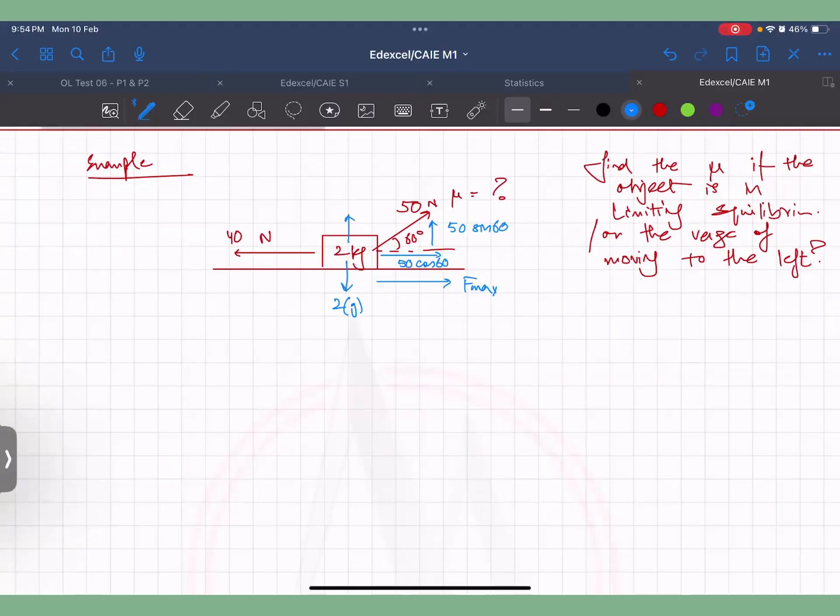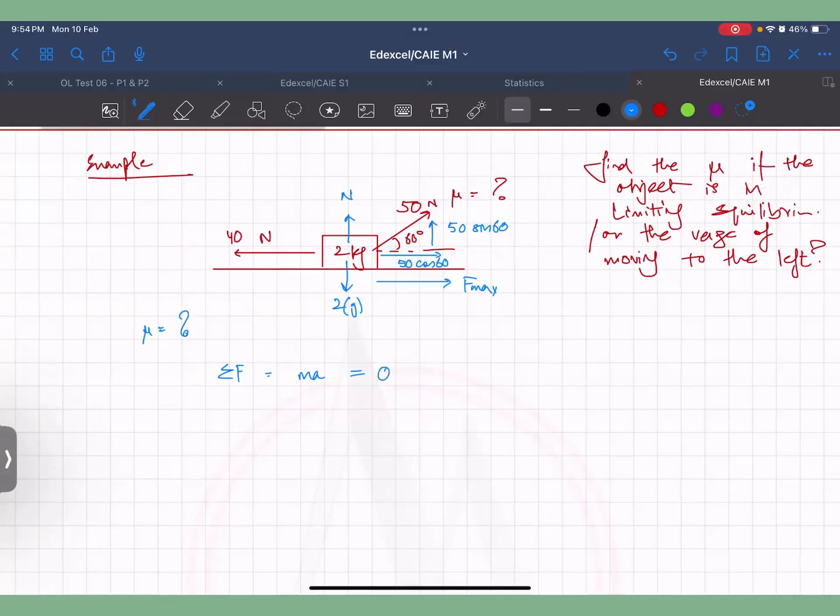The normal contact force we don't know yet, we will find that out, and we need to find mu as well. Everything is now known. The sum of forces is equal to ma, but because the object is on the verge of moving left, in limiting equilibrium, the resultant force is 0.